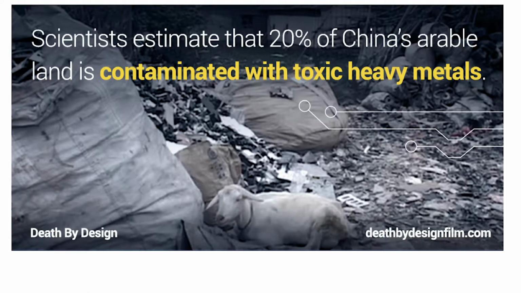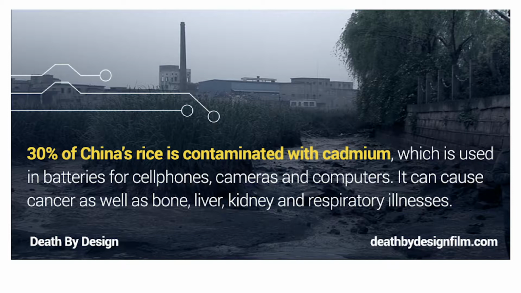Scientists estimate that 20% of China's farmland is contaminated with toxic heavy metals. So it's not just air pollution, it's also soil contamination. The food supply is also contaminated. About 30% of China's rice is contaminated with another heavy metal, cadmium, which is in cell phone batteries. And this causes cancer, liver disease, bone diseases, respiratory illnesses.